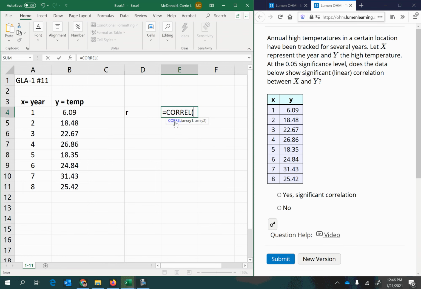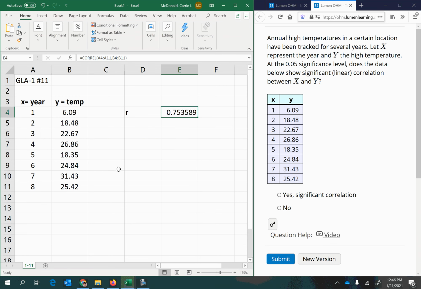You can double click it, or you can just type it in if you already know what it is. Sometimes I just type them in because I feel like it's faster, and then put a parenthesis, and you're set. Then it's going to ask you for an array, array 1, comma, array 2. So array 1 is all my x's, comma, array 2 is all my y's, enter.